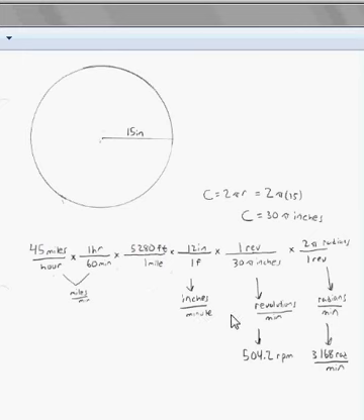My goal is to get revolutions per minute, so I need to convert inches into revolutions. So remember that every time the car travels 30 pi inches, that's the distance around the tire, that's 1 revolution of the tire. So again, I want to get rid of inches, I want revolutions, so I put revolutions in the numerator, I put inches in the denominator. Why? Because inches is currently in the numerator, I need it to cancel.